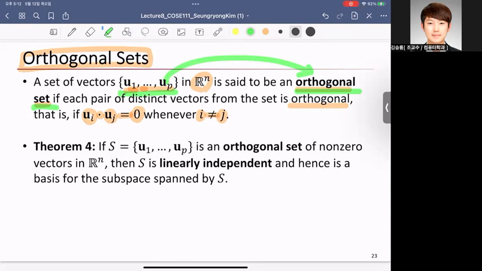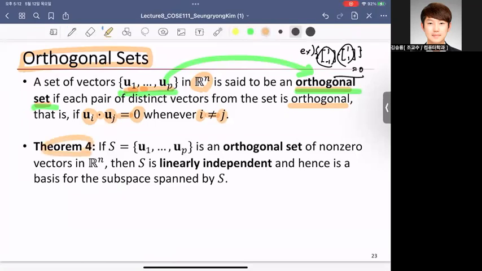For example, let's consider a very simple example. If a set has (1, -1) and (1, 1), then this set is orthogonal. Why? Because this vector times this vector is going to be 0. So this is one example of an orthogonal set.